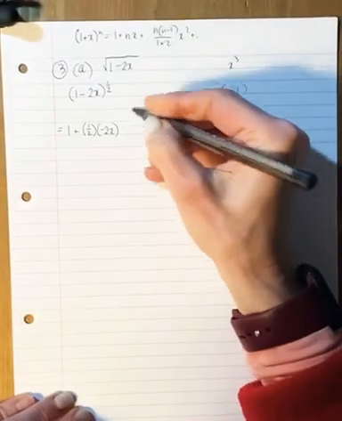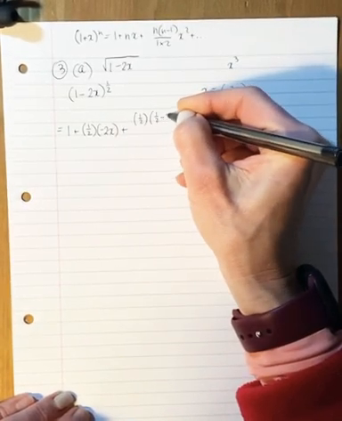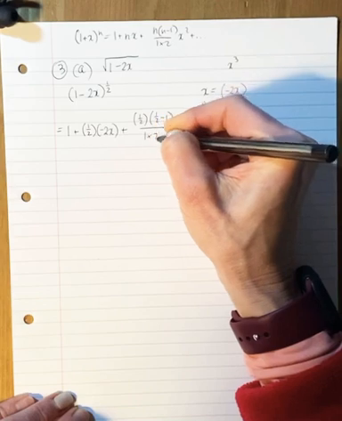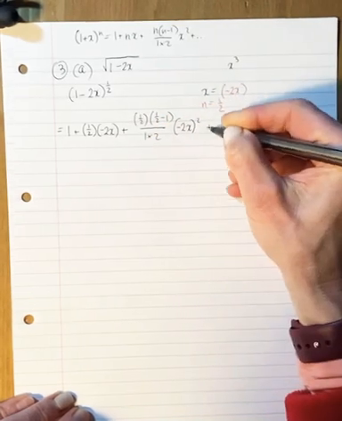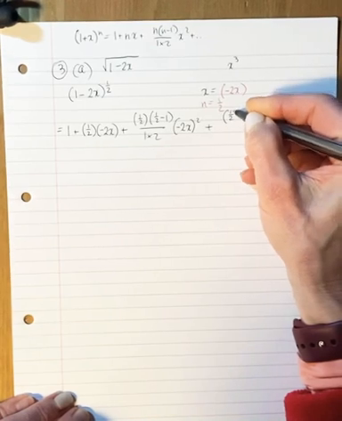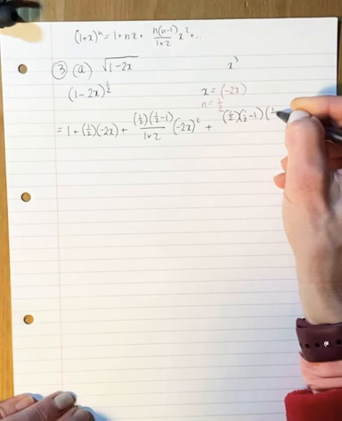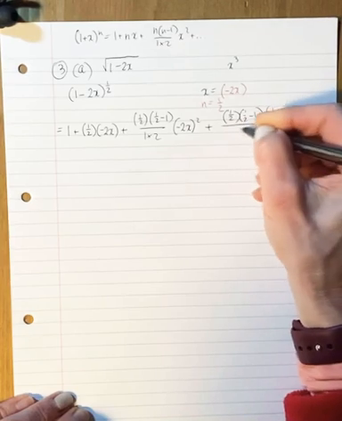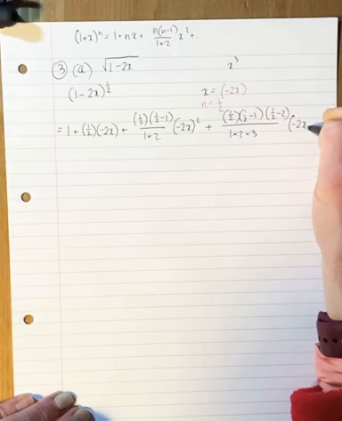The next one is going to be a half, then a half minus 1 over 2 factorial, and it's minus 2x squared. Plus you've got a half minus 1, a half minus 2, over 1 times 2 times 3, minus 2x cubed.